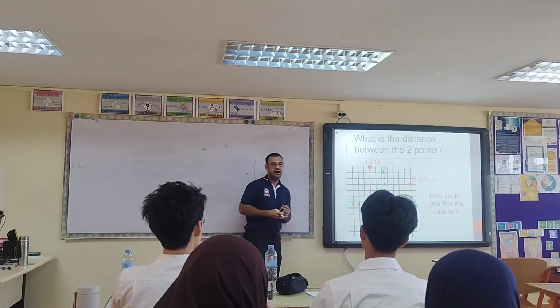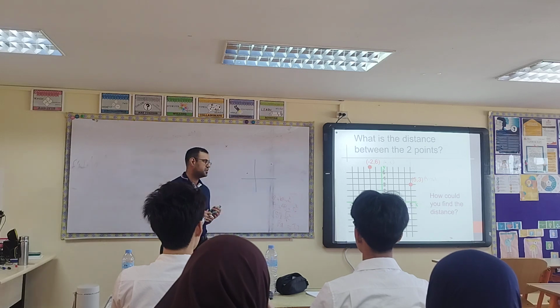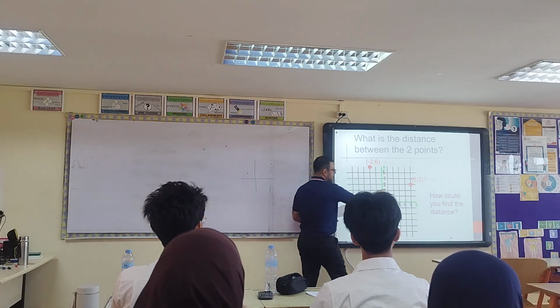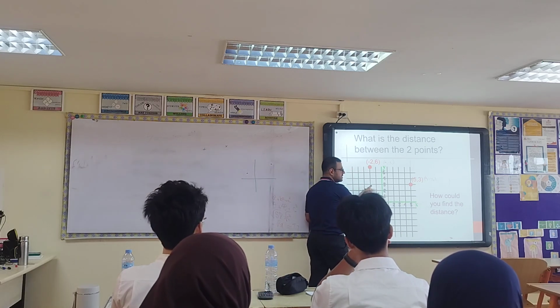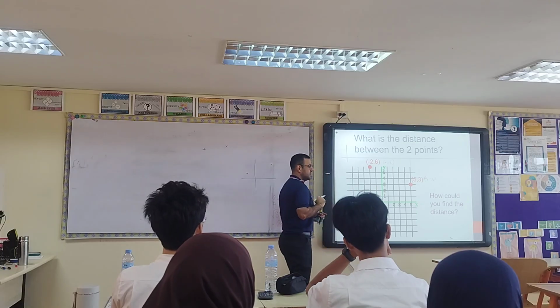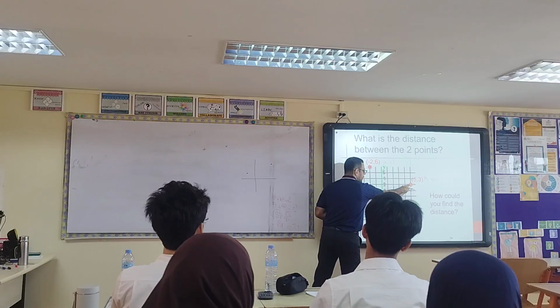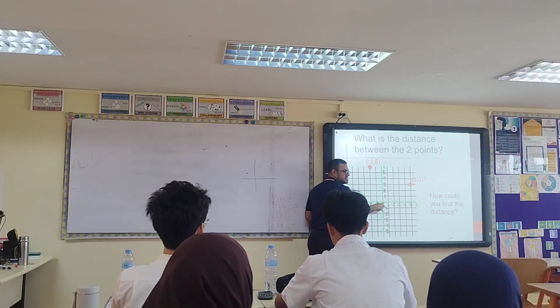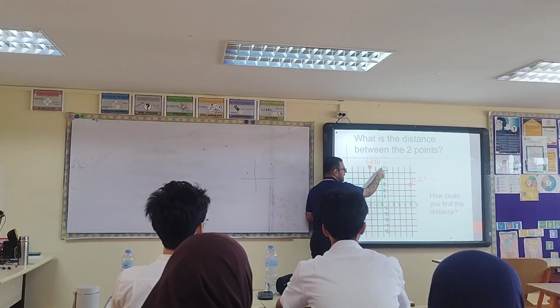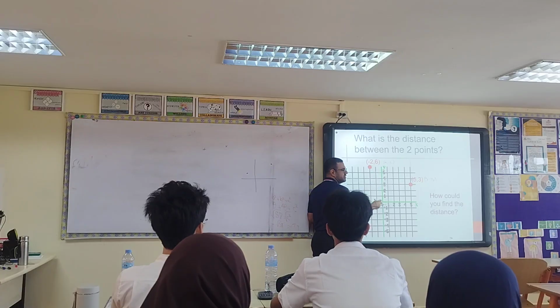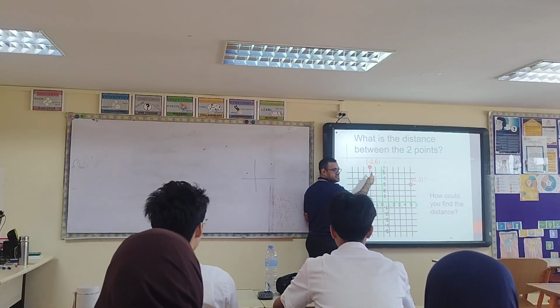How can I find the distance between those 2 points? When I draw and count horizontally, I count the x's. When I count vertically, I count the y's.